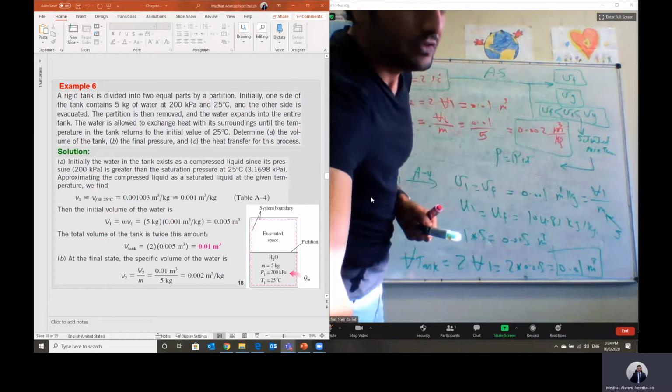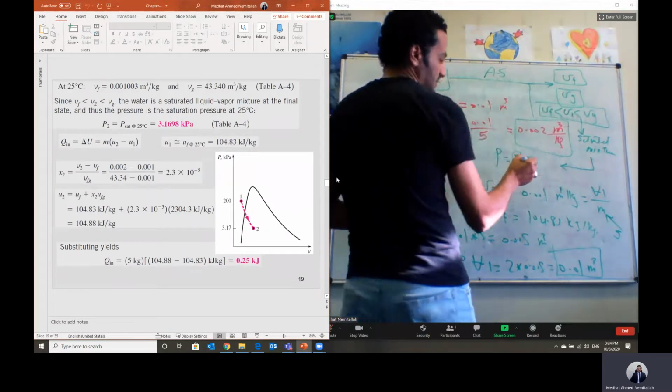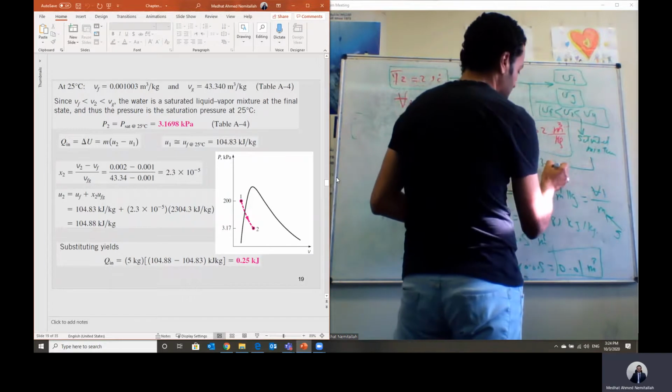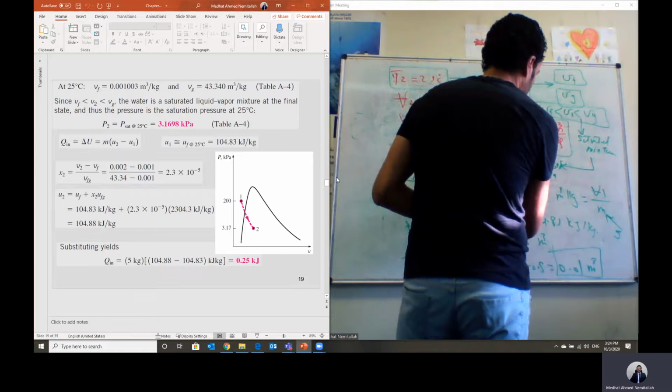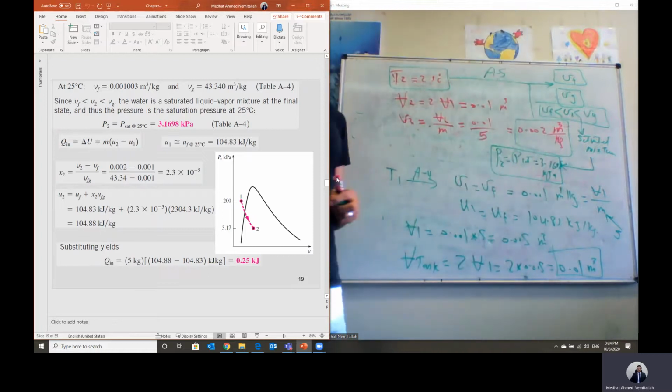If you did that, you will find the saturation pressure here is equal to 3.1698 kilopascal. Okay, and this is actually the pressure P2 in this case.